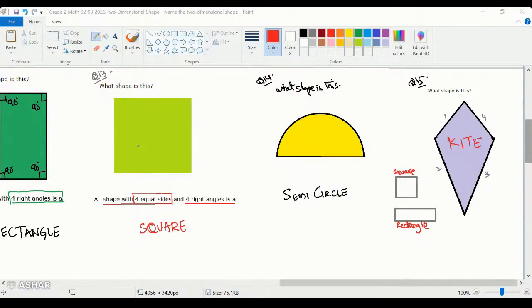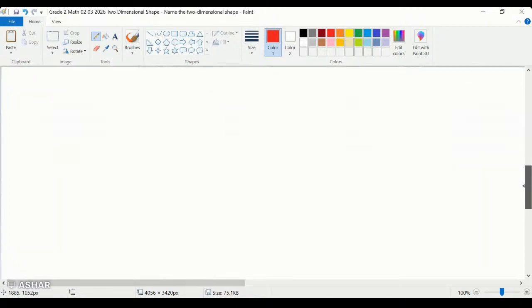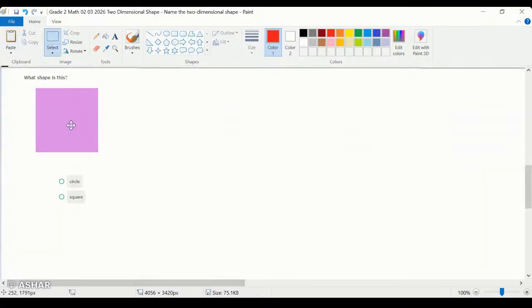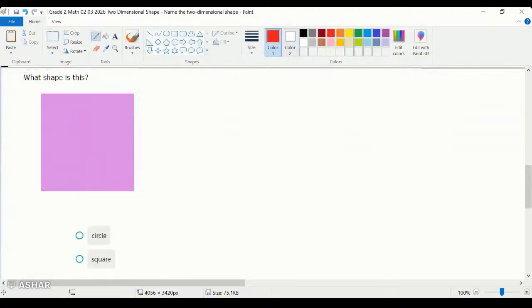Okay, let's do the test. Question number 1. This is question number 1 from the test. Is it a circle? Is it a square?